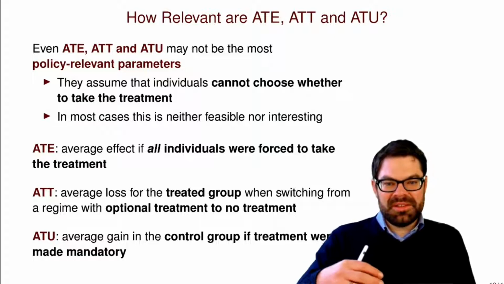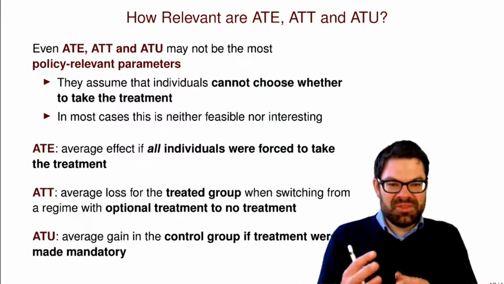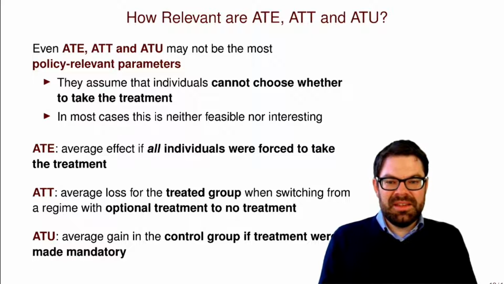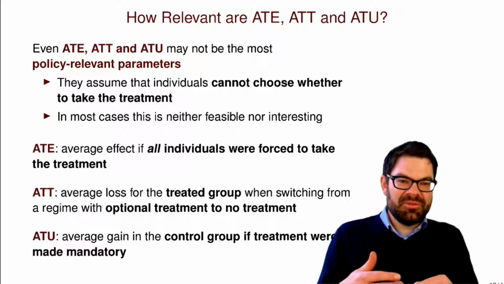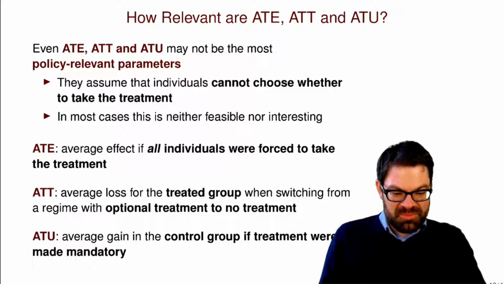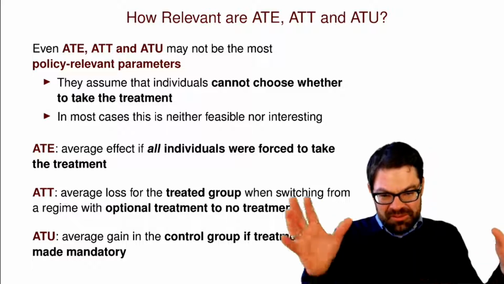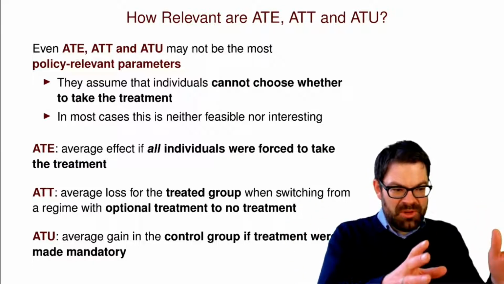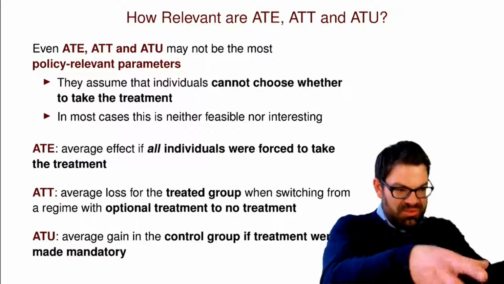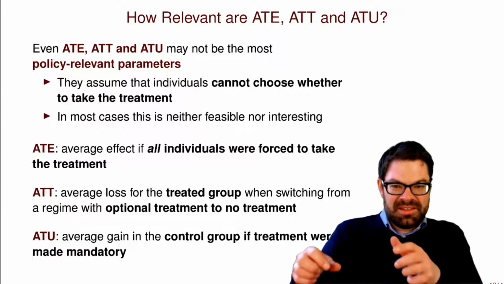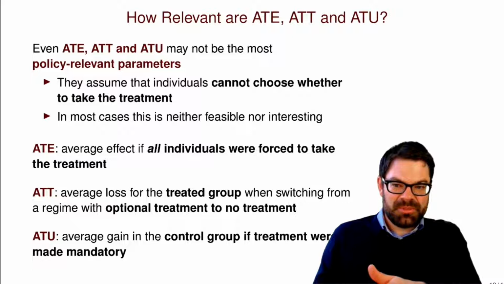Well, again, because they implicitly assume that the individuals cannot really choose whether to take the treatment. So they basically just take the average treatment effect of some population and say, okay, this group in the population takes the treatment, that group does not take the treatment.